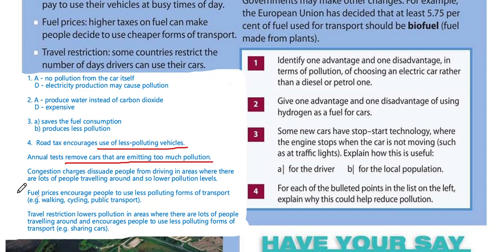Then for the next one, fuel prices encourage people to use less polluting forms of transport. When the fuel prices are too high, people don't like to spend a lot on that, so they can rely on these other forms of transportation. Last one, travel restriction lowers pollution in areas where there are lots of people traveling around and encourages people to use less polluting forms of transport.